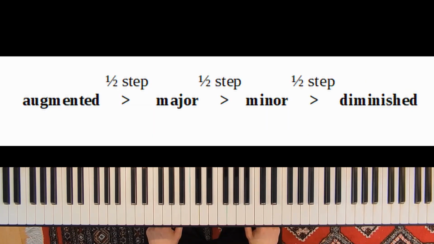Minor intervals are a half step smaller than major intervals, and diminished intervals are even a half step smaller than minor intervals, and an augmented interval is a half step bigger than a major interval. So let's look at an example.